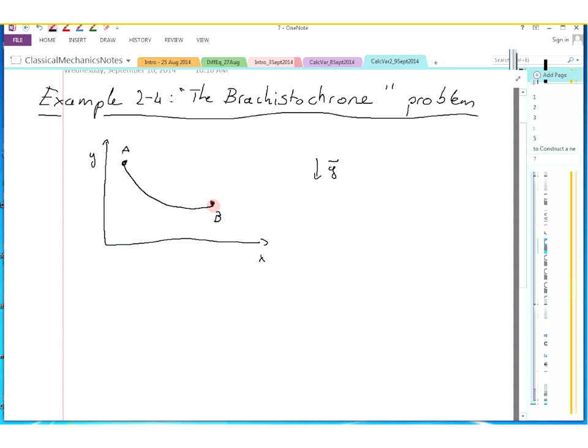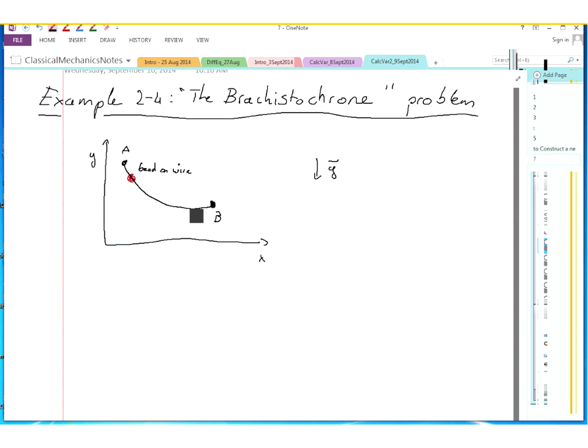The wire could have any shape. We can make the wire go all the way down and back up, or up and then down, although that's probably not the best choice. I want to find the shape of this wire so that the bead takes the shortest amount of time to go from A to B.